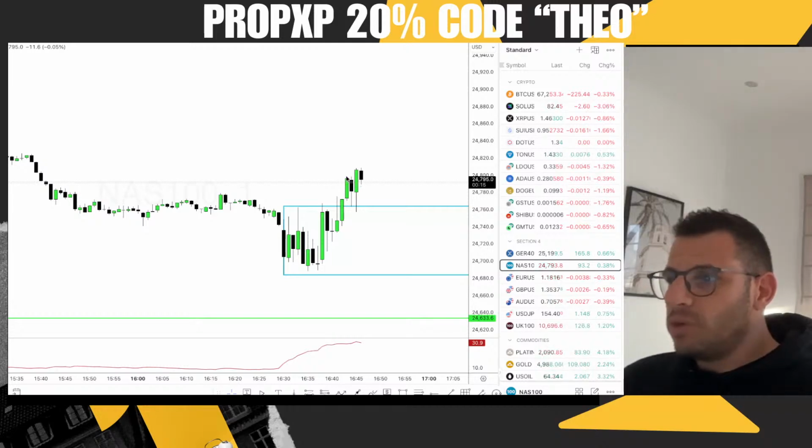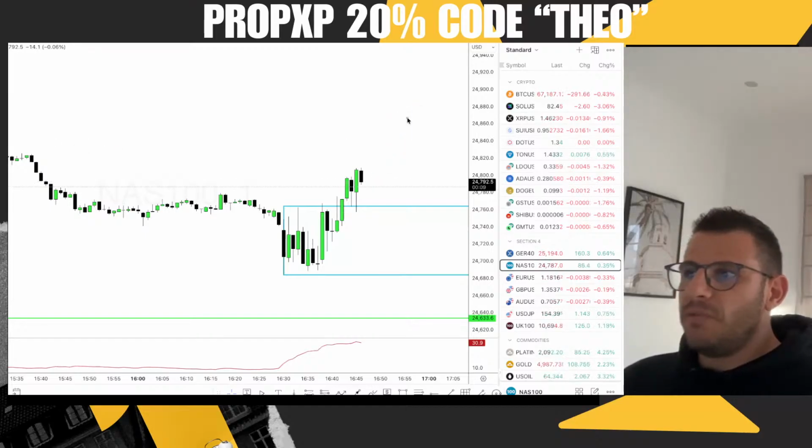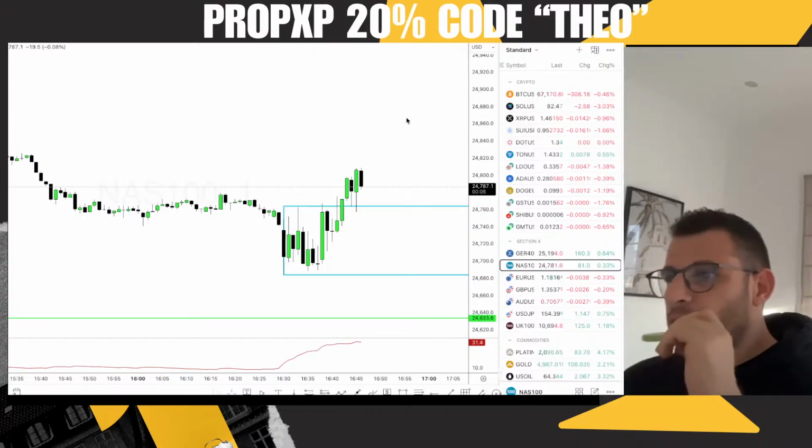After this bullish engulfing, I want to see a follow through. If I see a follow through, I'm going to be happy, very happy.